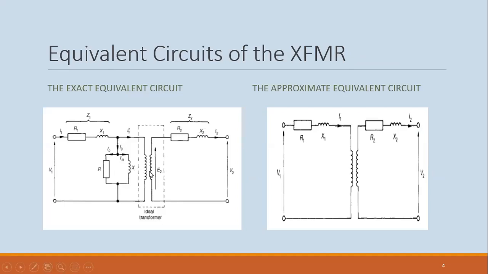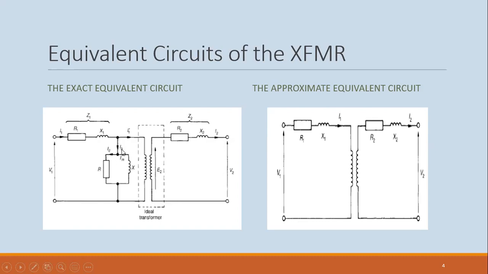So on the left here is the exact equivalent. The supply voltage is represented by V1, and then you have the primary winding represented by a winding resistance R1 and a winding reactance X1. Then these are the core parameters that we looked at the last time: the core loss resistance and the magnetizing reactance.